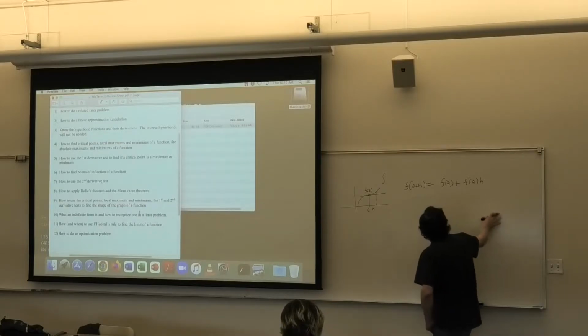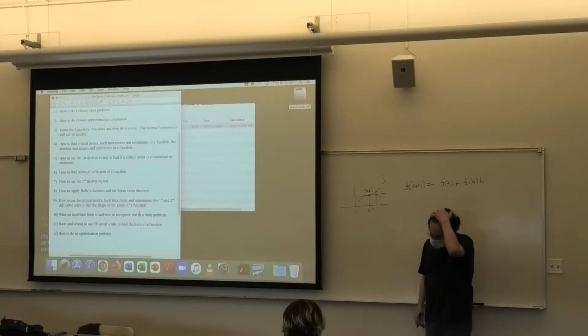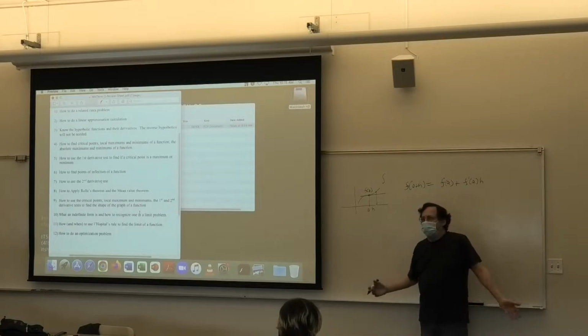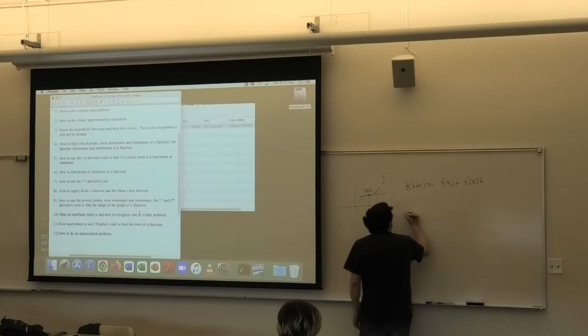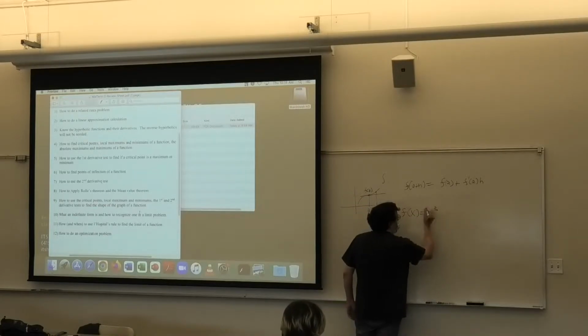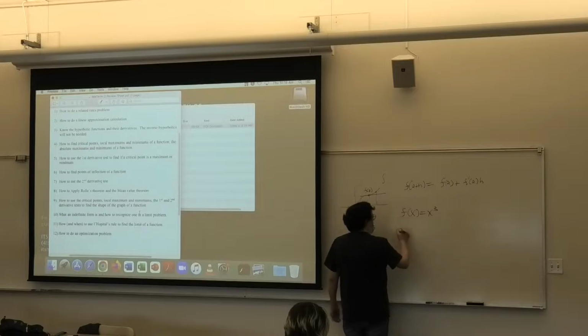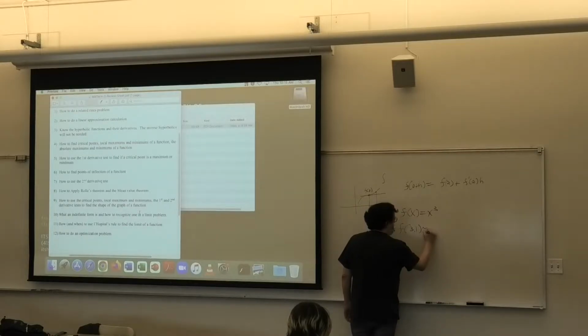All right, so how does this work? Well, I suppose if you're on a desert island without your calculator and you're trying to figure out, f of x equals x cubed, and you want to know what f of 3.1 is, approximately.